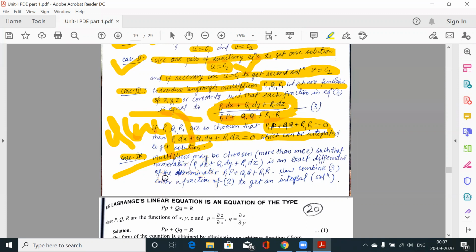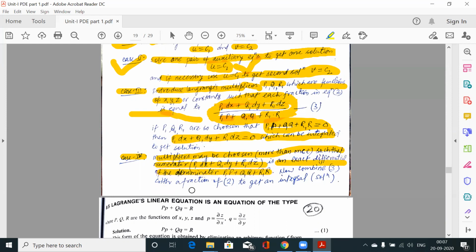So we have two possibilities using the multipliers: either make the denominator 0, or make the numerator the exact differential of the denominator.